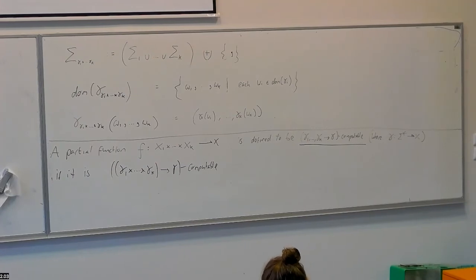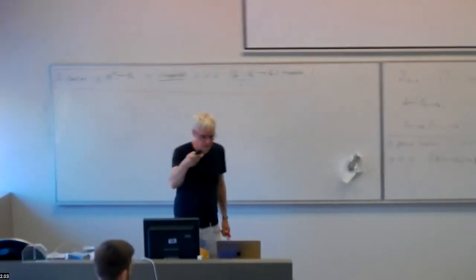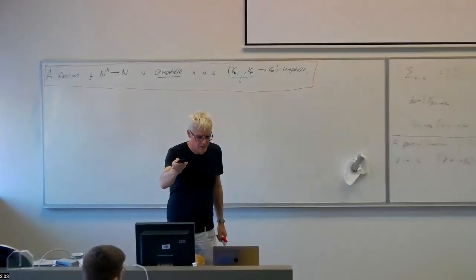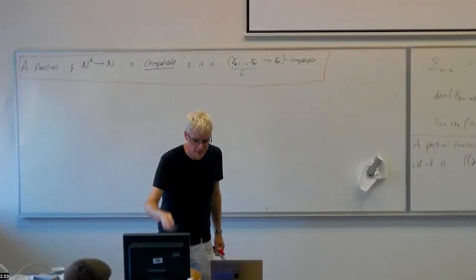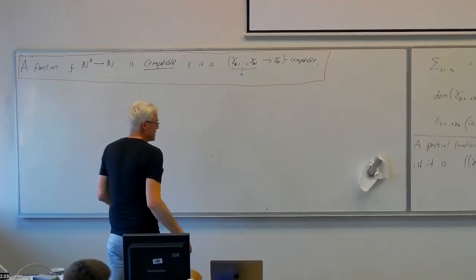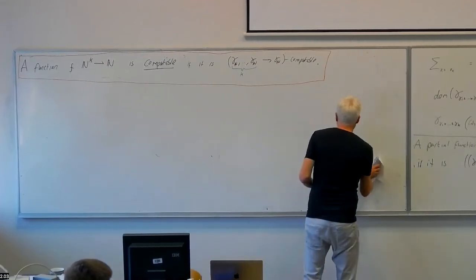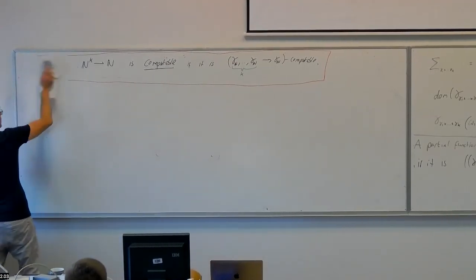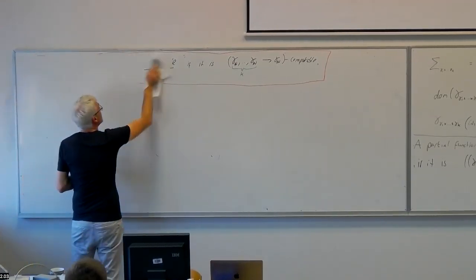Right, let's maybe go back to the other board. So what I want to show is that represented sets also have, we looked at what it means to be a computable function or partial function between them.